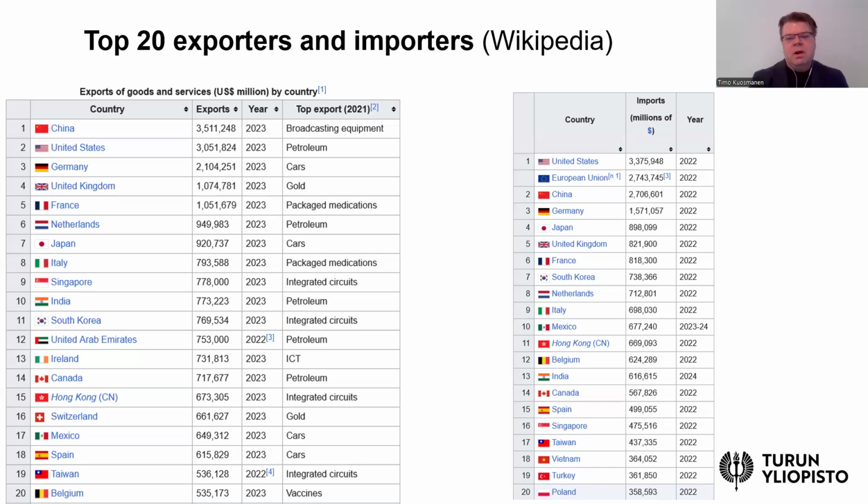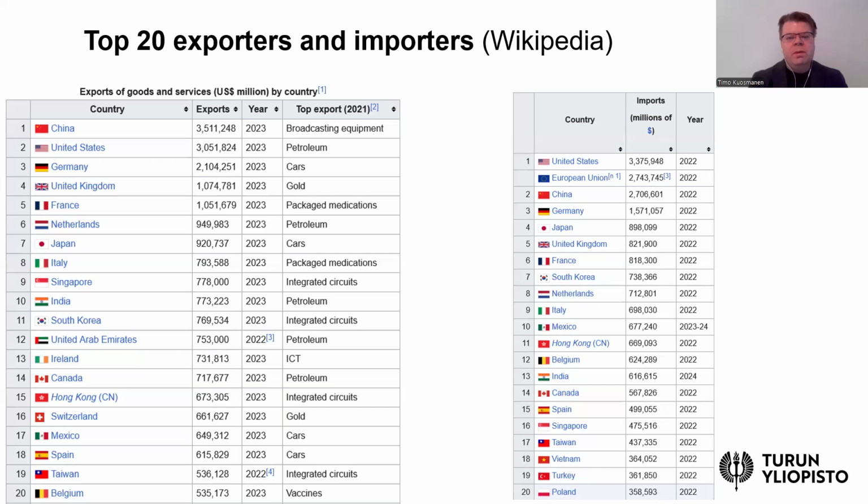In this right column, there is also the European Union taken as a single unit, so excluding trade between the member states but including imports from outside of the EU. The United States is a bigger importer in 2022 than the European Union, for example. And China is only in the third place or second place, depending on how we count the European Union.